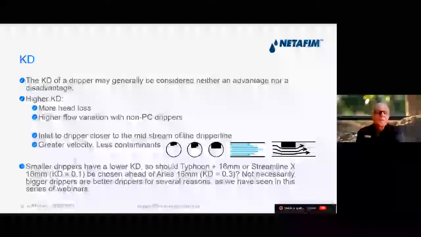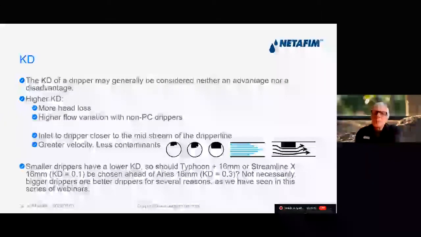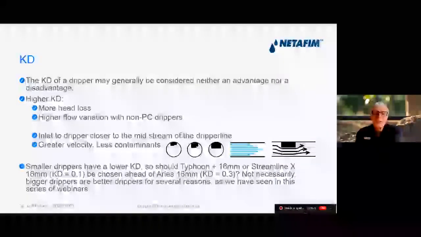So as I say here, smaller drippers have a lower KD. So should Typhoon Plus or Streamline X be chosen ahead of Aries? Not necessarily, because bigger drippers are better drippers for several reasons, as we've seen in all the previous webinars that we've had now.